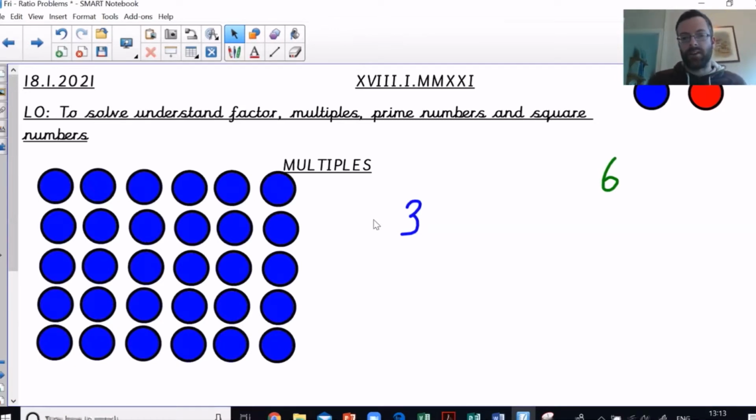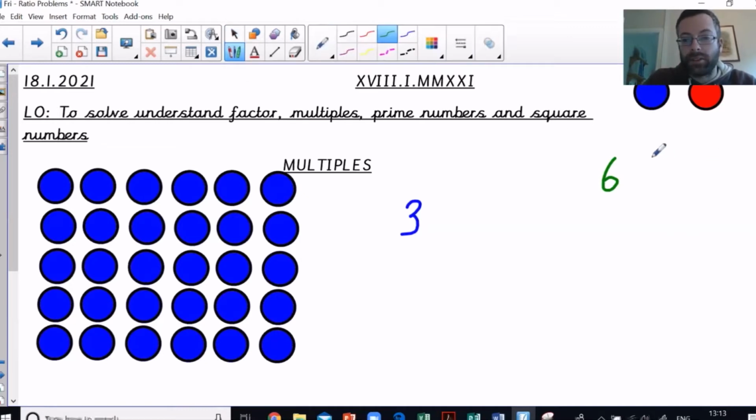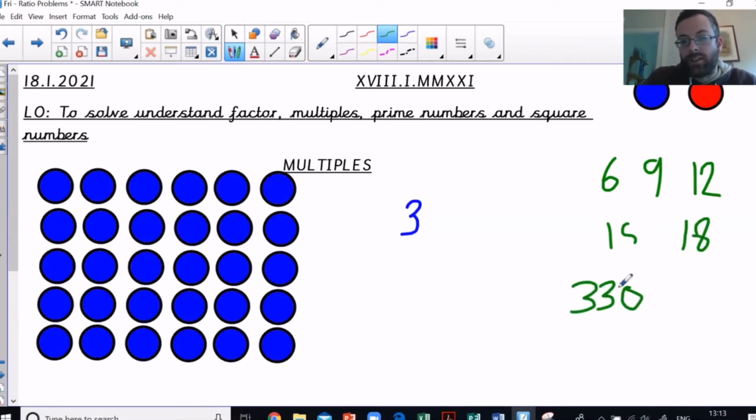There's 30 there. 30 is a multiple of 3. So anything really in the 3 times table, so 9, 12, 15, 18, and it keeps on going, 330, 669, because I know that's in the 3 times table. That is what multiples are.